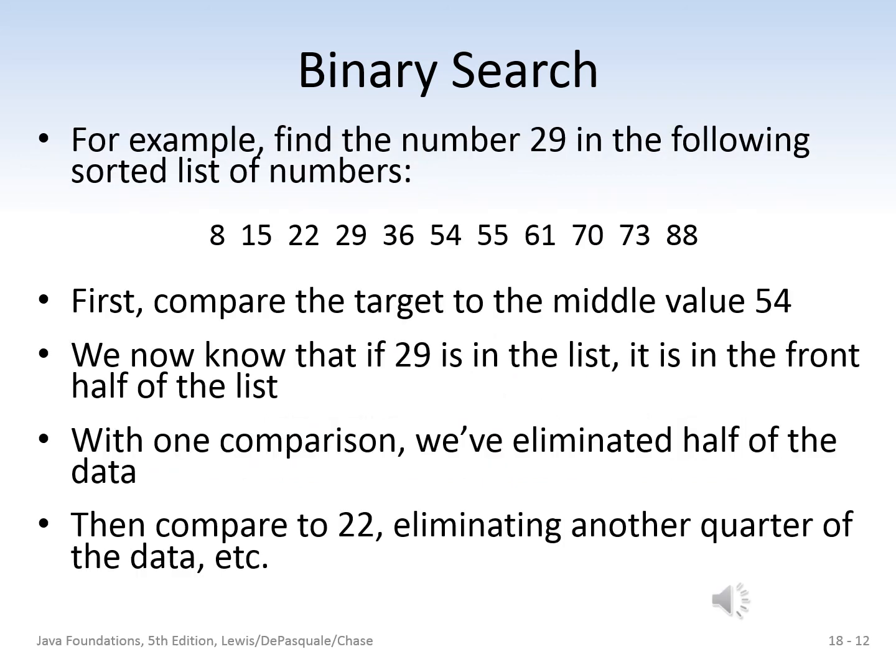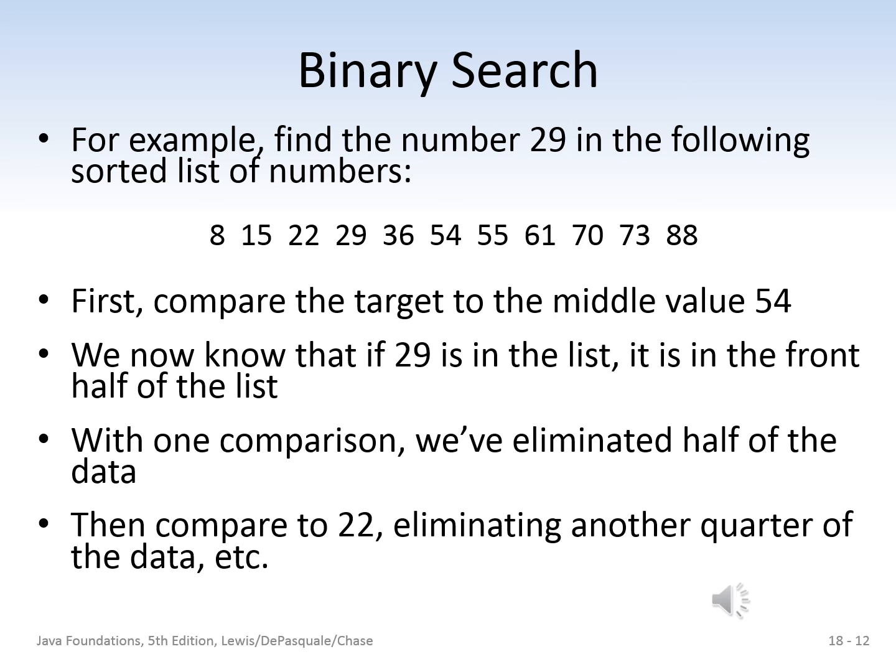Let me walk you through a manual example or simulation of binary search using the sorted list of numbers you see in front of you, 8, 15, 22, etc., up to 88. And we'll say that the target is 29.